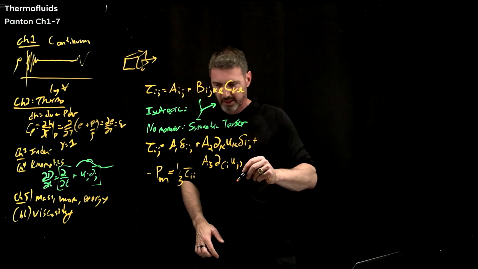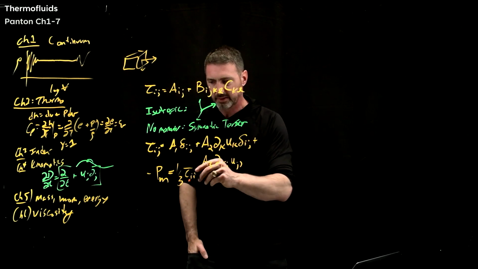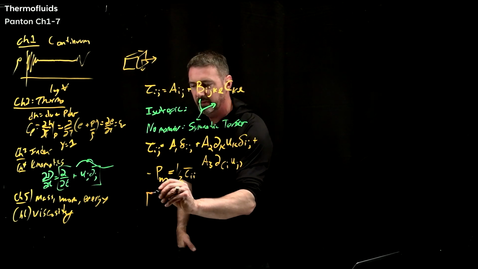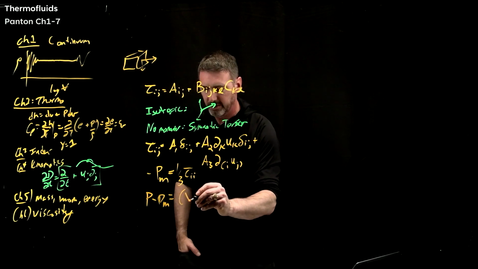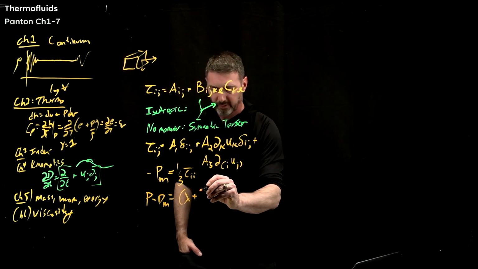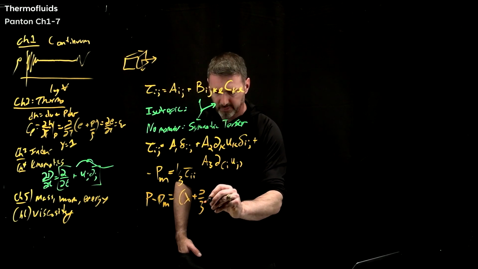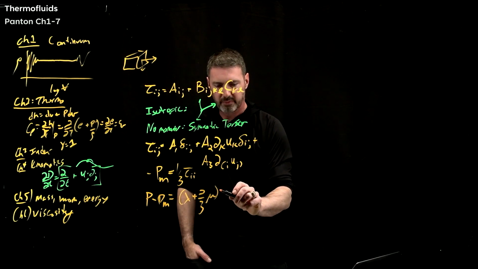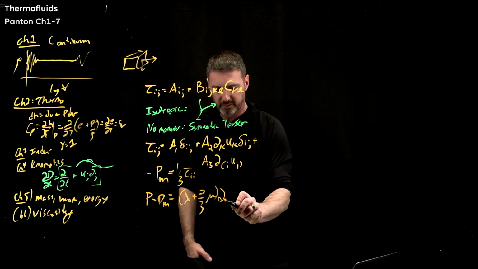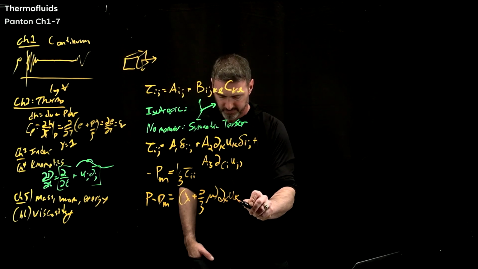And so after you finish writing this, we can now say pressure minus mechanical pressure, and then there is a model. So it's lambda plus 2/3 mu of the divergence, del k uk.